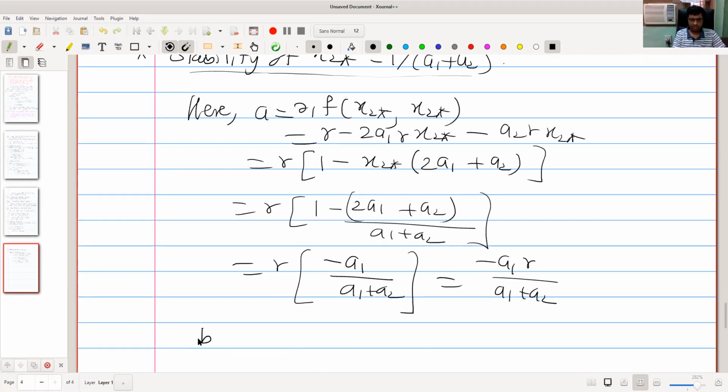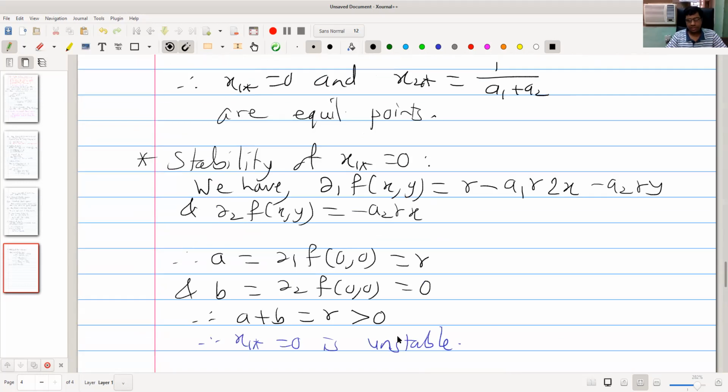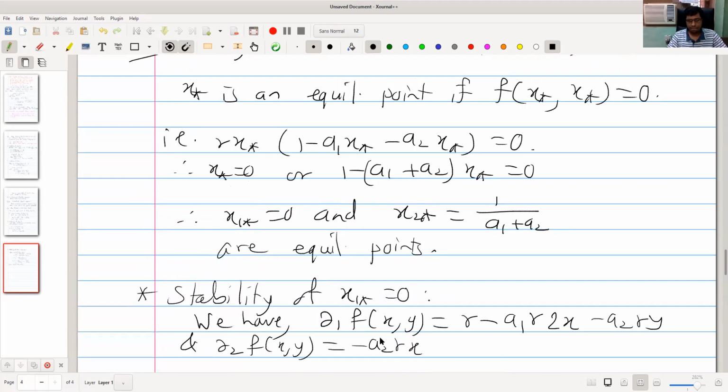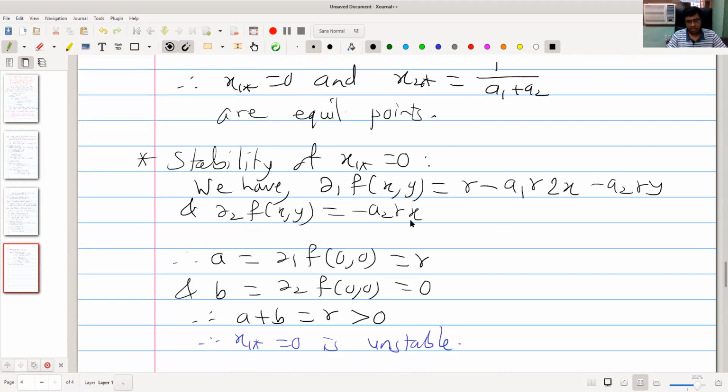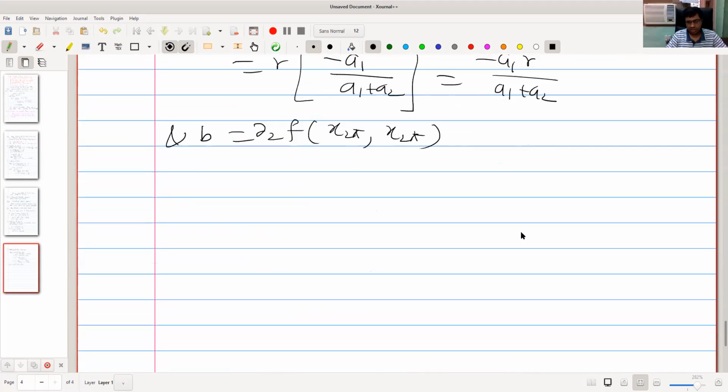Now we find b. B is del 2 f of x2 star x2 star, and del 2 is here minus a2 r x, so minus a2 r x2 star.